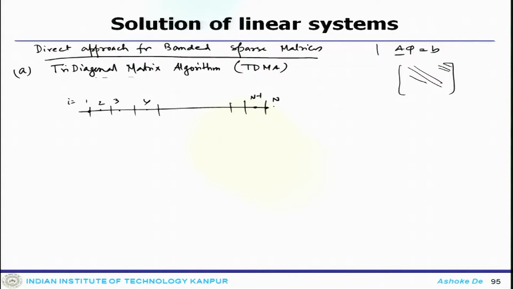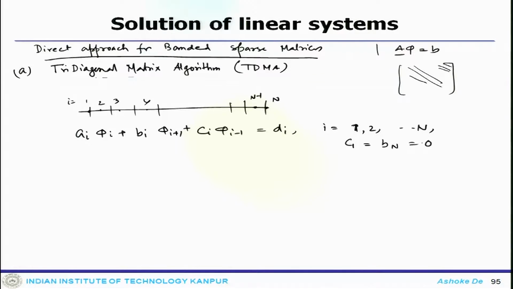So, the number of points is n and then the cell center values. So, the coefficient matrix for this kind of system, if one has to write, a_i phi_i plus b_i phi_(i+1) plus c_i phi_(i-1) equals d_i, where i goes from 1 to n, with c_1 equal to 0.